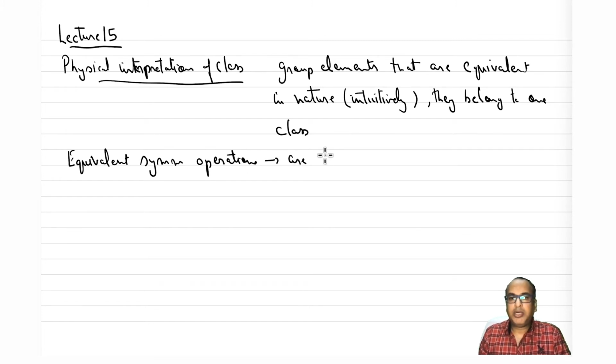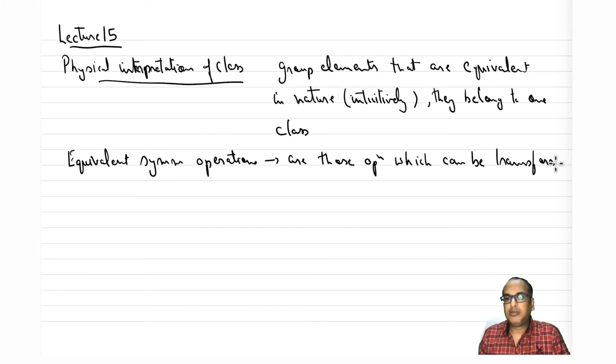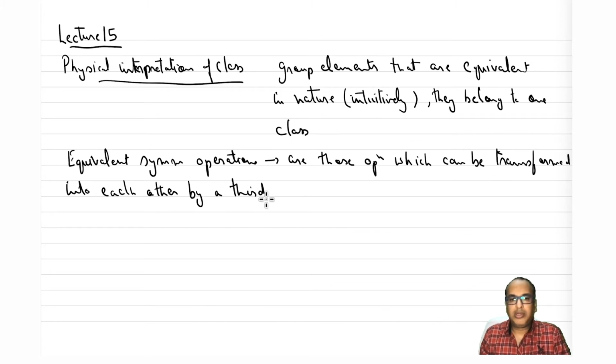So equivalent symmetry operations are those operations which can be transformed into each other by a third operation in the group. I'll give you two definitions for this. So what do I mean by saying that?